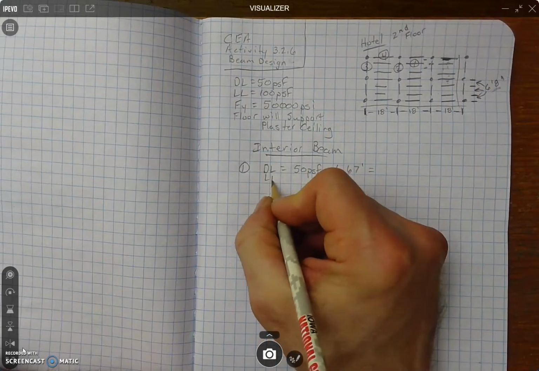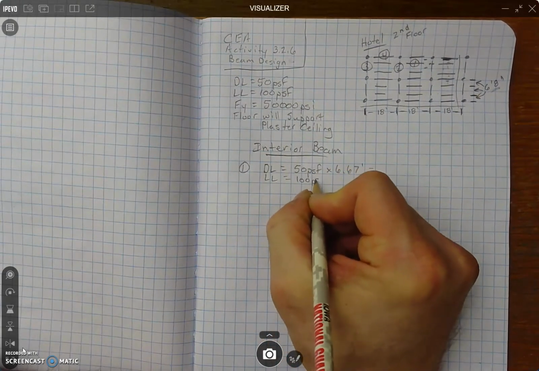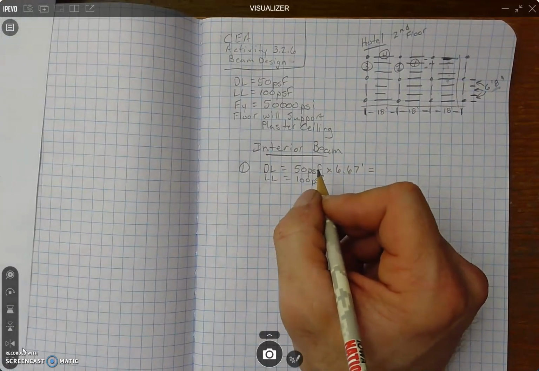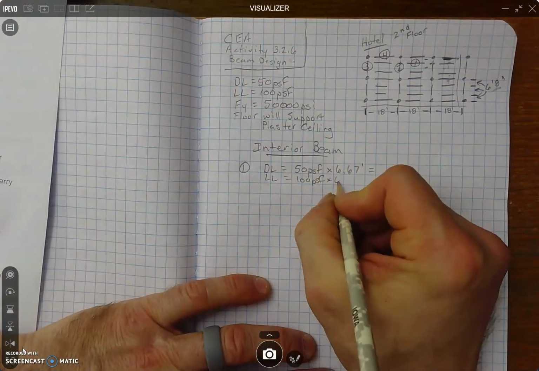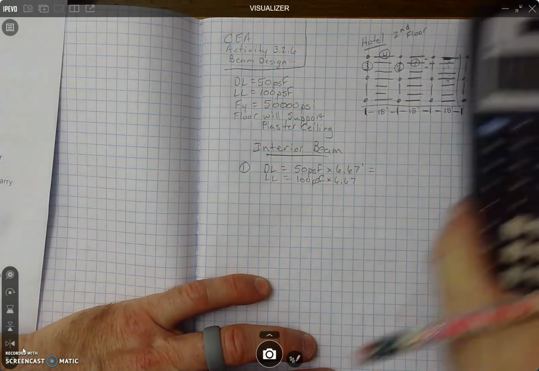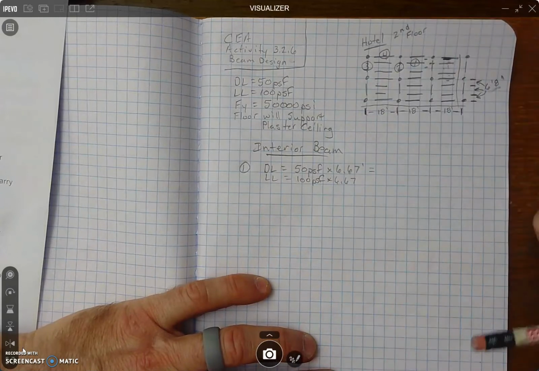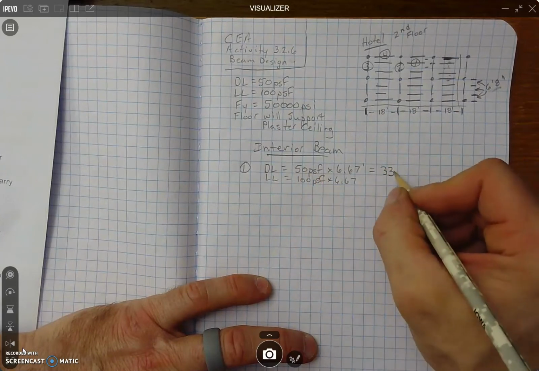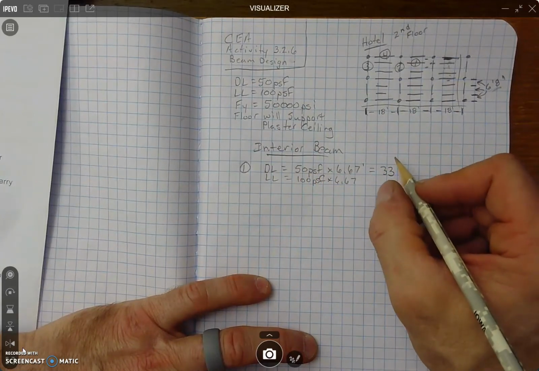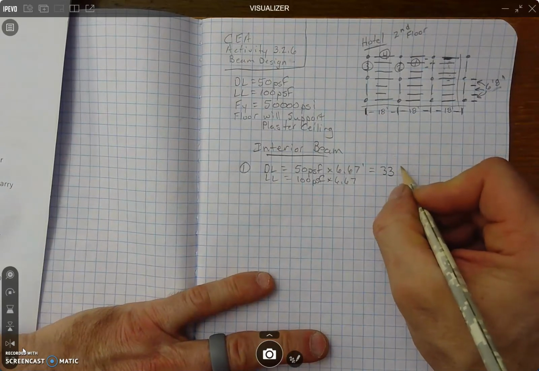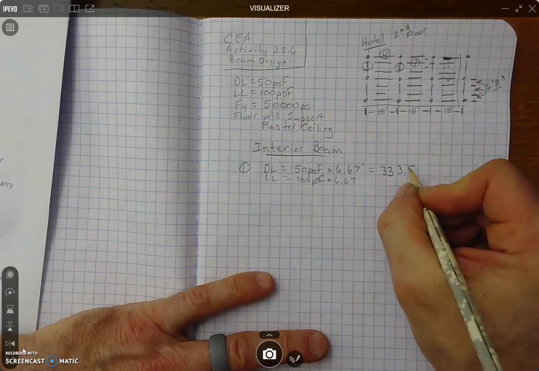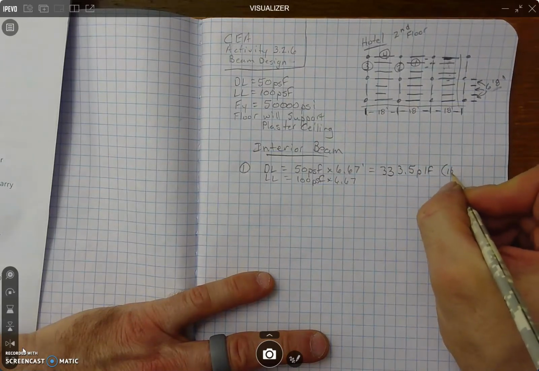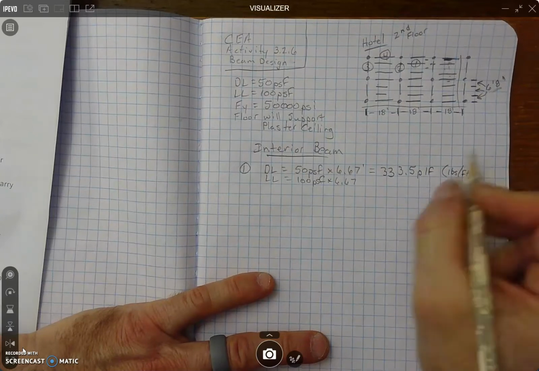Then for the live load, we take 100 pounds per square foot times our 6.67. I have a calculator here, but I already know what this one is, so I'm just going to write it in. If you really want to type that into your calculator, go ahead. The dead load is 333.5 pounds per linear foot, or pounds per foot, either way.